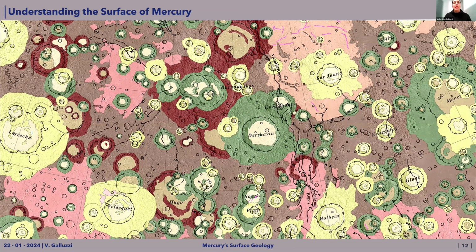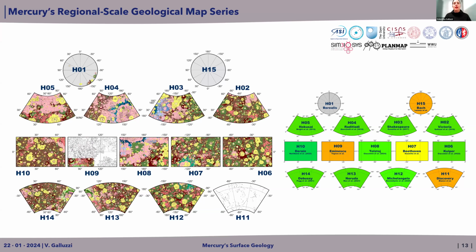And if you need geological maps for this planet, they are available on the Mercury Quick Map website. The ones that were published so far are the ones in green here, and the others are being completed. So these maps are available online, or if you need some geology at the regional scale, you can email me and I can provide you the shapefiles.